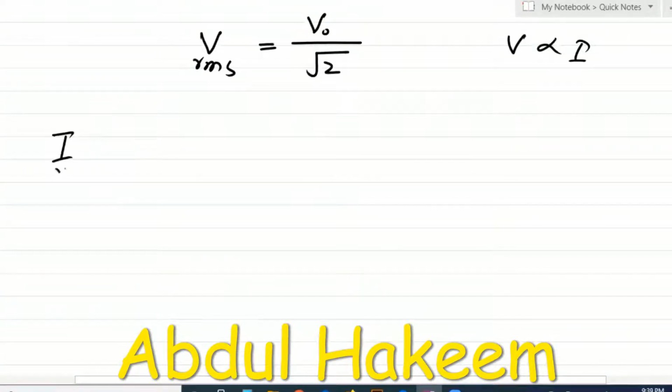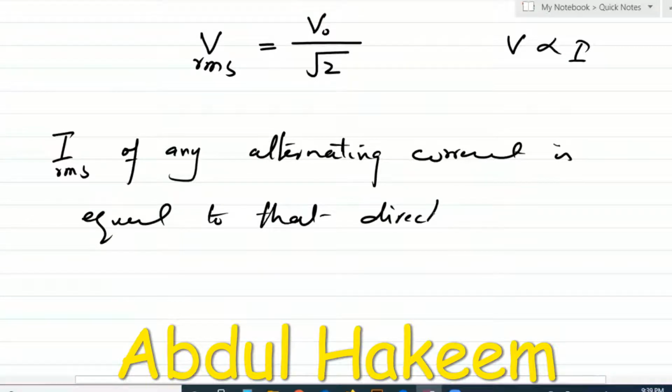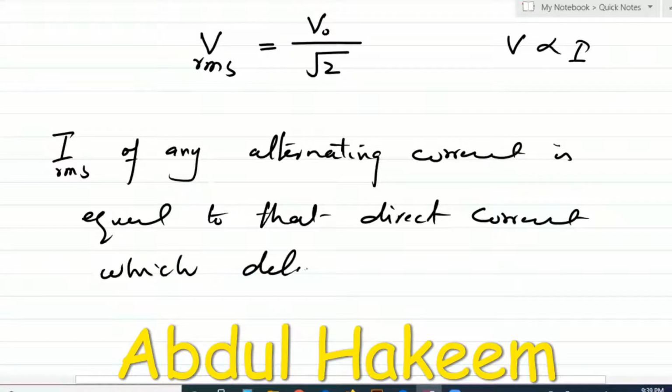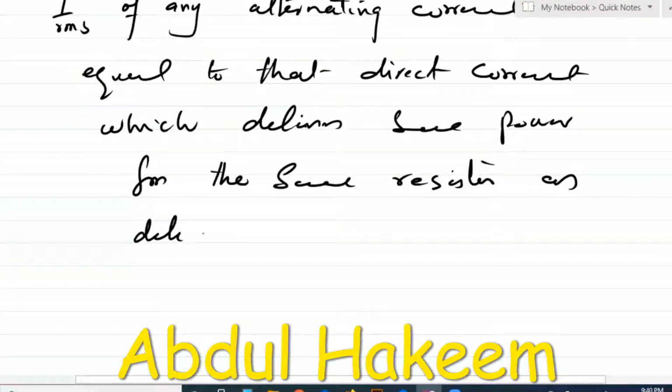Similarly, the RMS current of any alternating current is equal to that direct current which delivers the same power from the same resistor as delivered by alternating current.